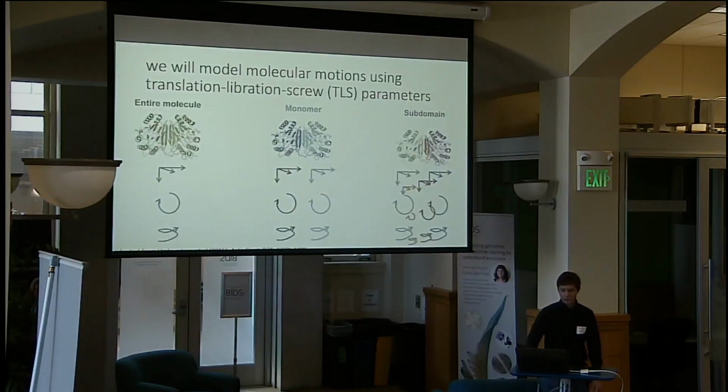And the way we want to encode motion is with translation, libration, screw parameters. This is a standard way that motion is encoded for crystallographic models.